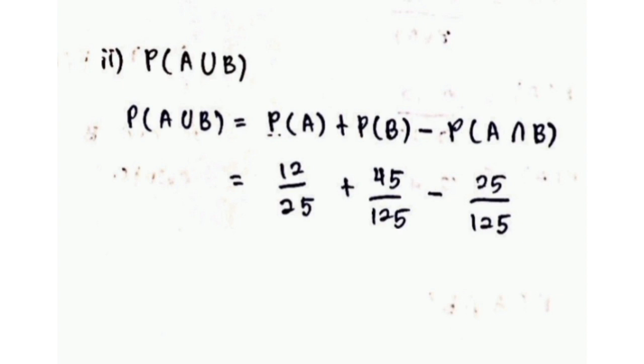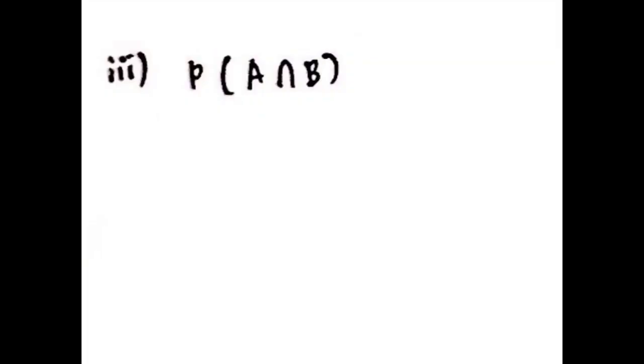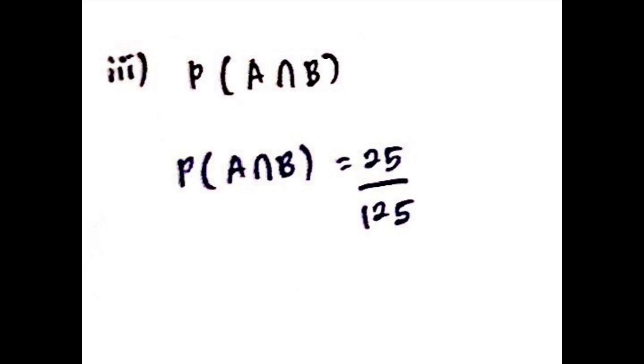Calculate it, we will get the answer 16 per 25. So we move to the next question. It asks us to find probability A intersect B. So we just substitute the value and we will get 25 over 125, and the final answer will be 1/5.